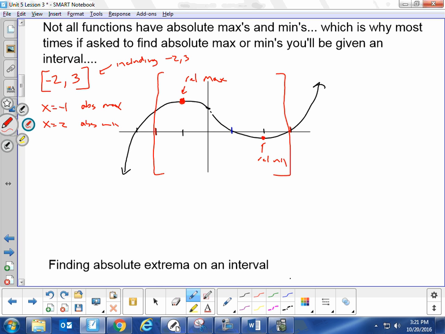But watch what happens if I change the question to be from, say, 0 to 3. And I look here to here. This relative min will also be my absolute min, just like it was for the other interval.